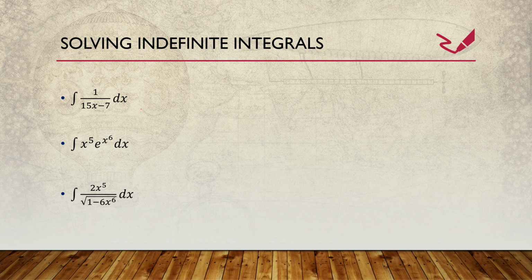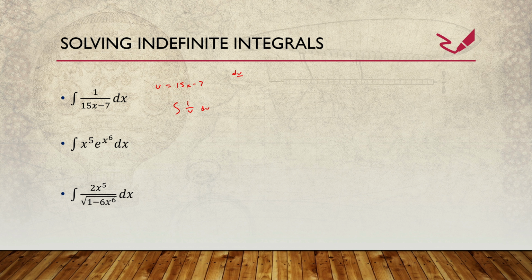So for the first one, what you can do is we can use u substitution. So our u is going to be 15x minus 7, right? So we can rewrite this entire indefinite integral as the integral of 1 over u du. So just by doing that, we can find the derivative of u.